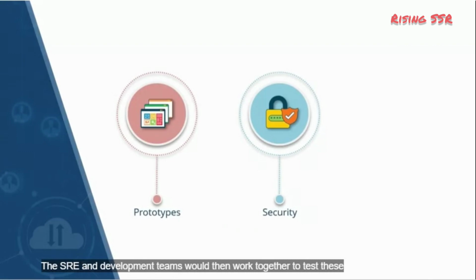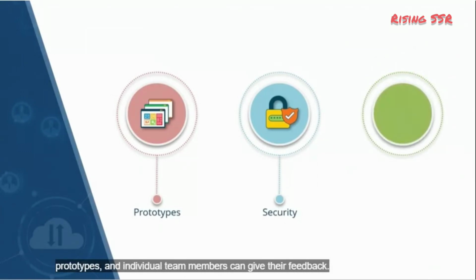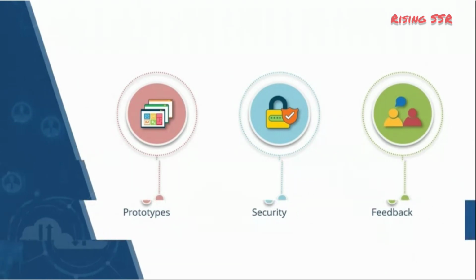The SRE and development teams would then work together to test these prototypes, and individual team members can give their feedback. It's a good idea to get the customer feedback at this point as well. This feedback can feed further iterations of prototypes built by the development team.